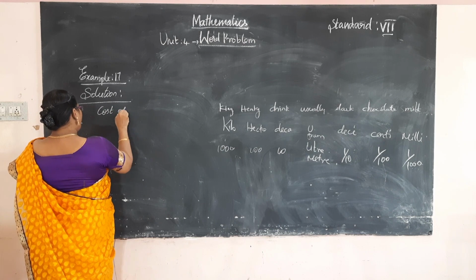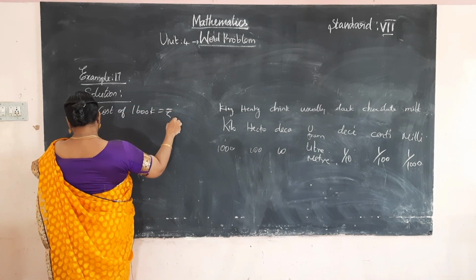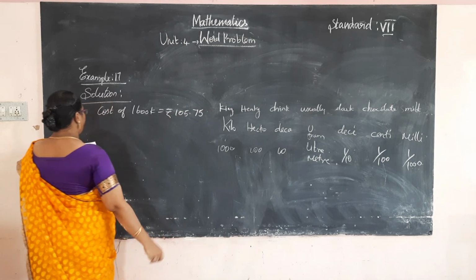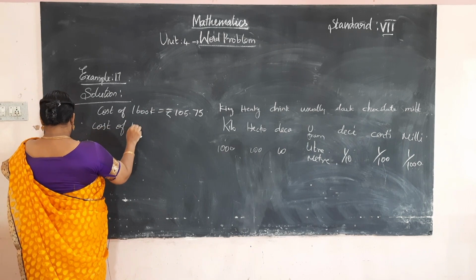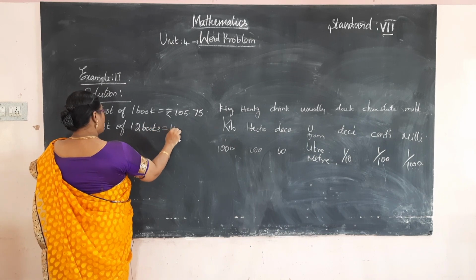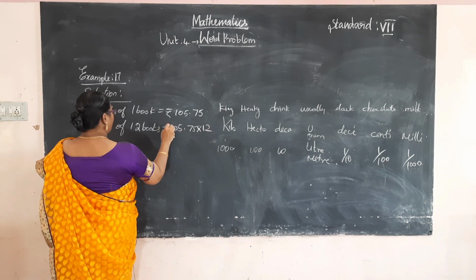The solution. The cost of one book is rupees 105.75. Next, the cost of 12 books is 105.75 into 12.